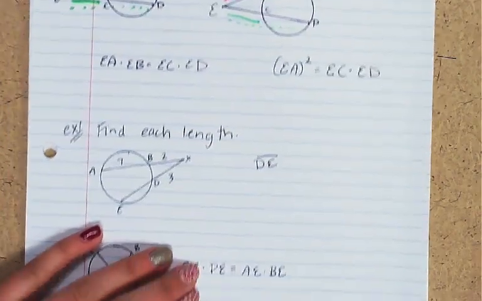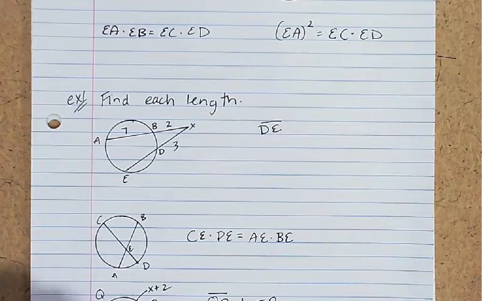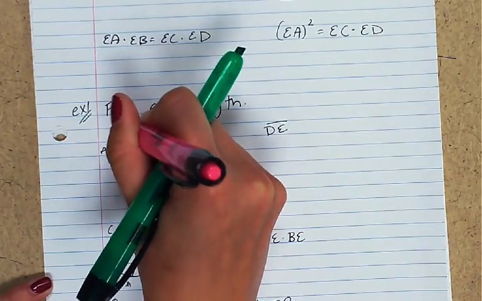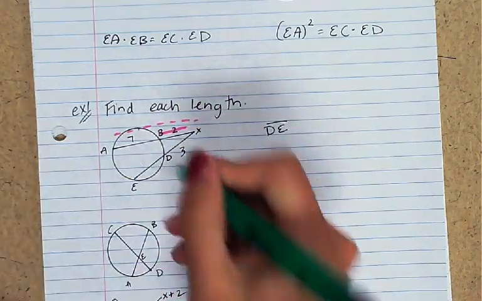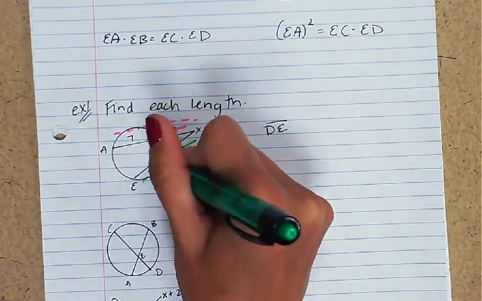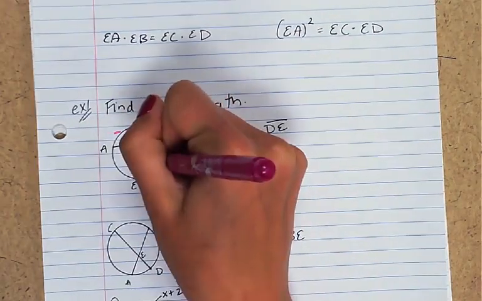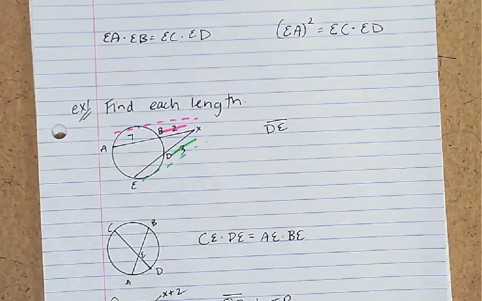So on this one, example one, we want to find the length of segment DE. Again, outside times the whole thing equals outside times the whole thing. Since we don't know what this is, I'm just going to put an X there.